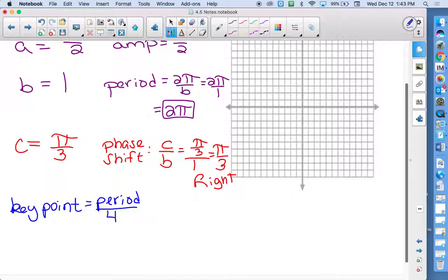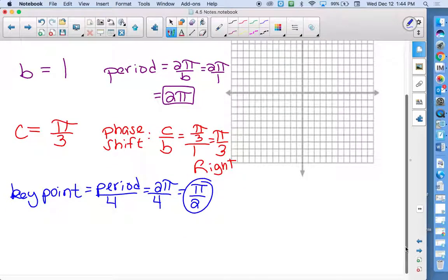Our period is 2 pi. We're dividing that by 4. So, Virginia, 2 pi divided by 4 is pi over 2. I'm going to circle this guy because that guy is important as well. Everything I have right here, I really haven't graphed. Just making sure we know what each piece represents in the problem. Question?